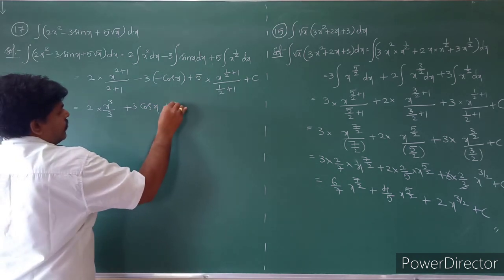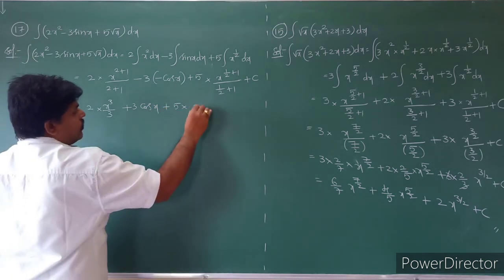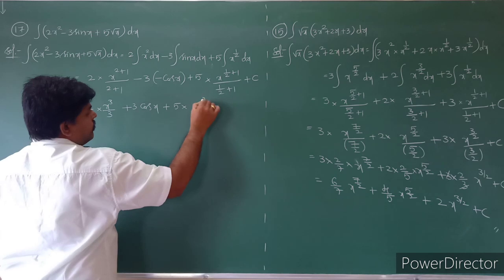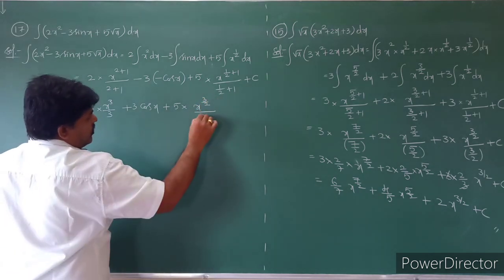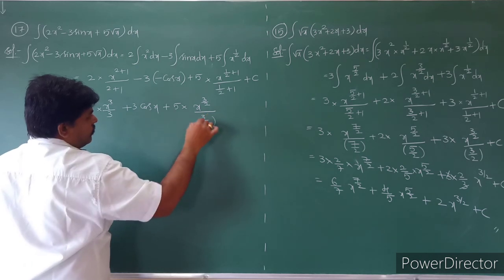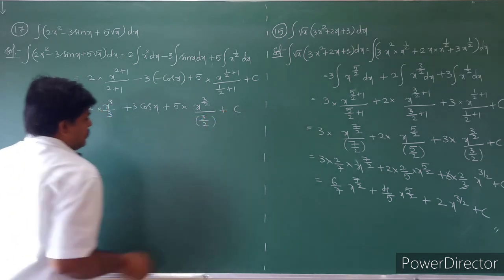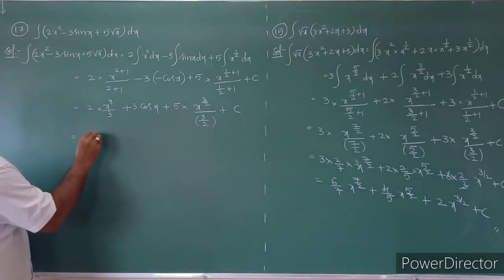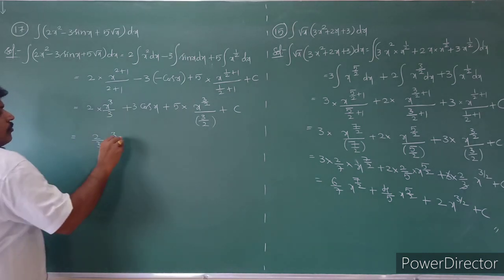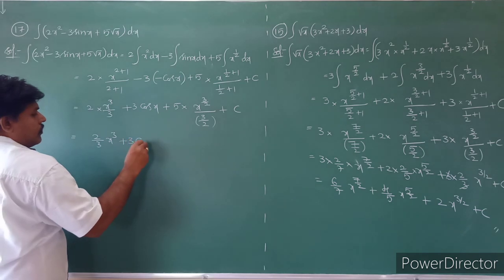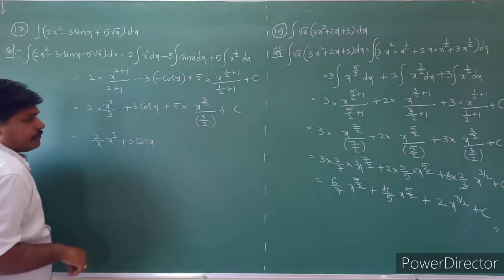plus 5 into x power 3 by 2 by 1 by 2 plus 1, that is 3 by 2, plus c. So this is equal to 2 by 3 into x cube plus 3 cos x.